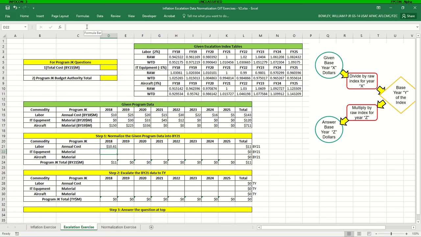For the IT equipment, we're going to be converting from base year 20 to base year 21. So again, we're going to grab this and divide by base year 20 for IT equipment. And again, we're using the raw index, base year to base year conversions.